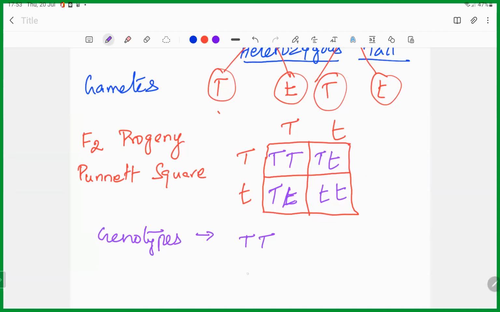How many TT are present? One. Correct? Only one. So write the one here. And the second one, Tt. How many are present? Two. So 1:2:1.